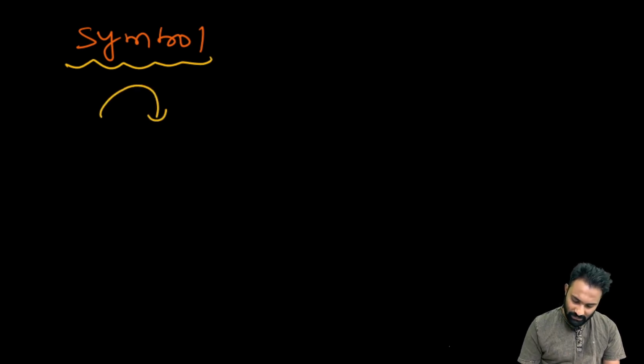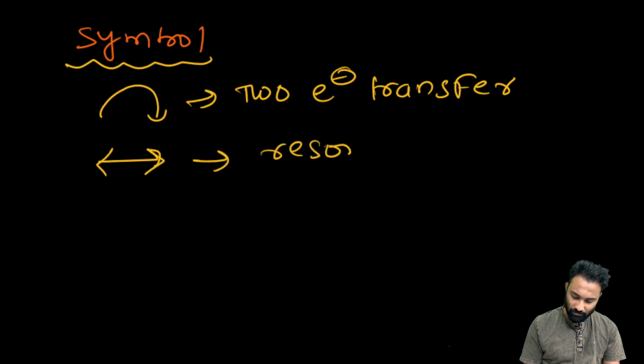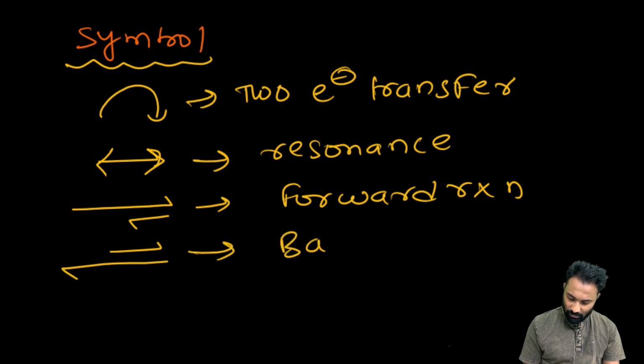Now this indicates that 2 electrons are transferred. This symbol indicates resonance, and this symbol indicates forward reaction. This one indicates a backward reaction.